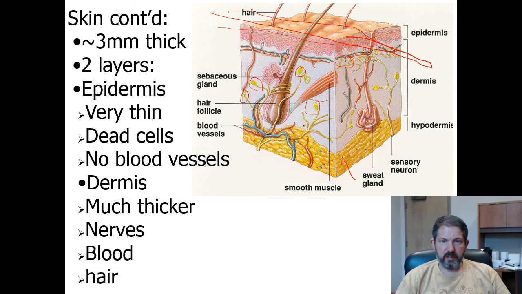Below the dermis is fat tissue, and this adipose tissue or fat tissue, most mammals don't have a subdermal fat tissue. They just store fat only like around the intestines. So a gorilla, for example, you can feed it junk food all the time, and it really won't put on that much weight.